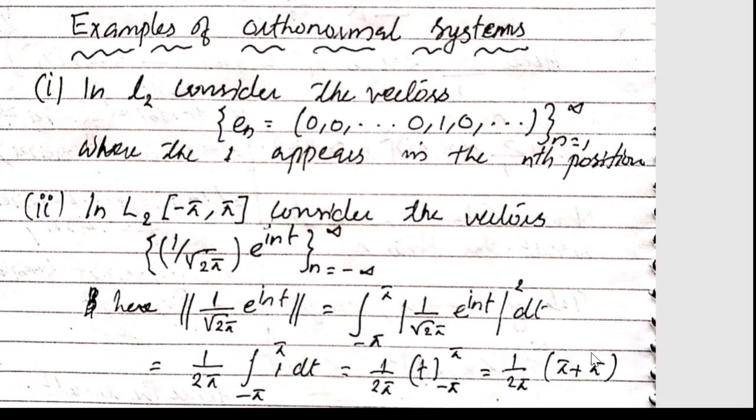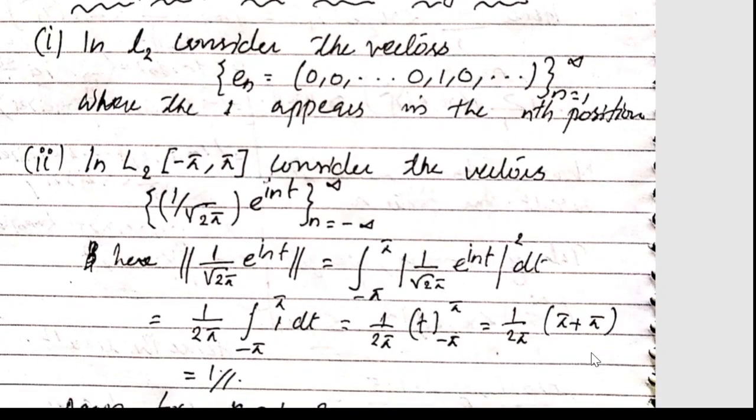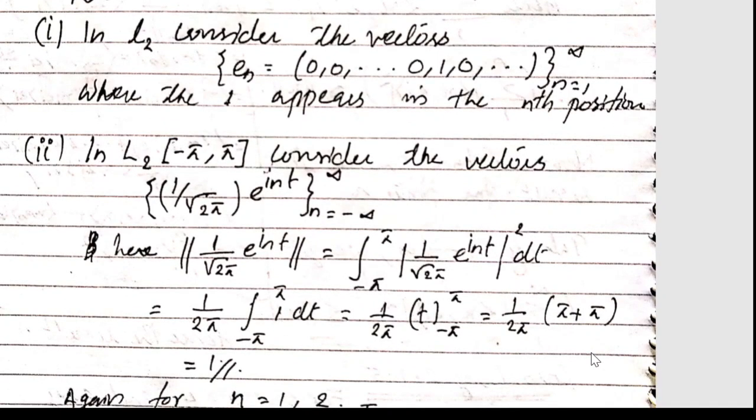What about this case? When you are finding its norm, the norm of 1 by root 2 pi e raised to int is equal to, in L2 the norm is defined as the integral from minus pi to pi of the modulus of 1 by root 2 pi into e raised to int, dt square. You can take this quantity outside, so you get 1 by root 2 pi square will come.